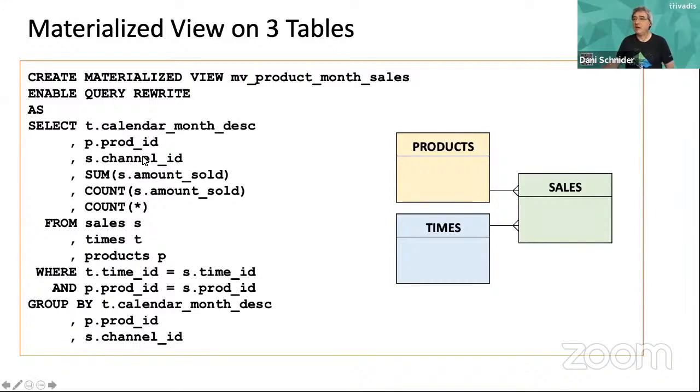So I select 3 columns and then have the sum of amounts sold, and then 2 counts. I don't care about why we have these counts here. That's not important for the moment. And then we group the data on calendar month, product ID, and channel ID. And here on product ID and not on product name.